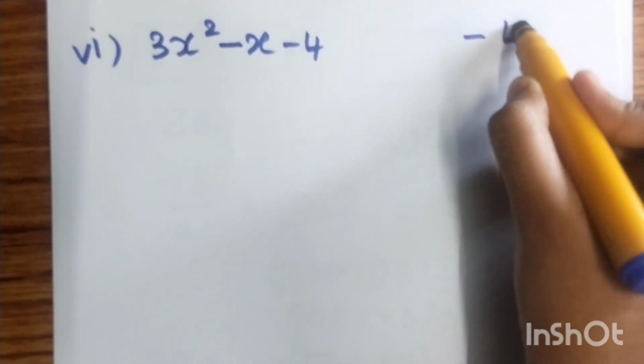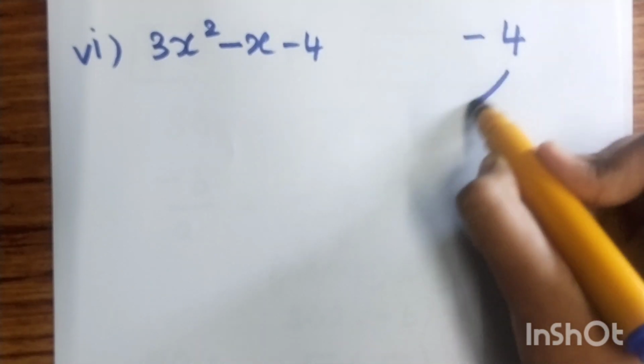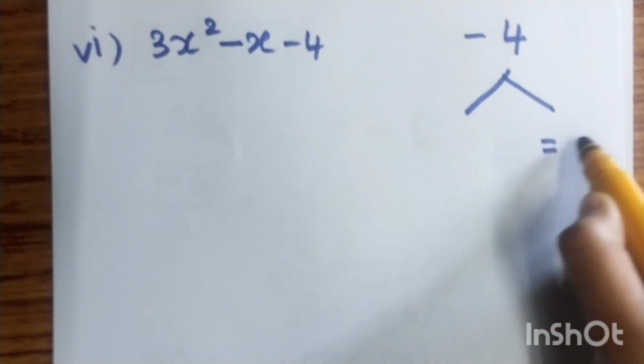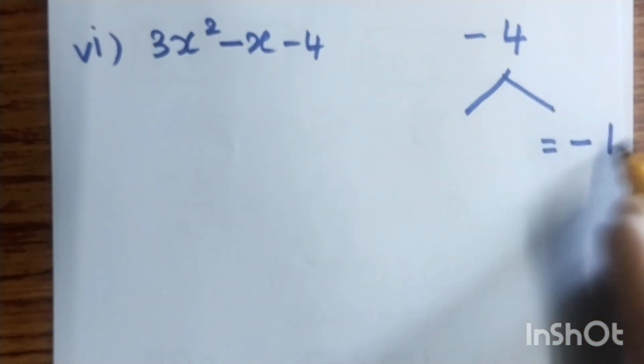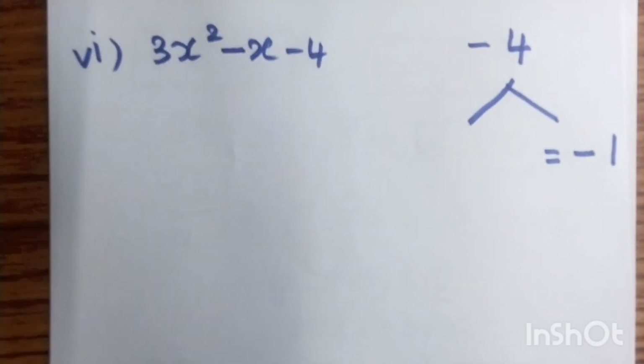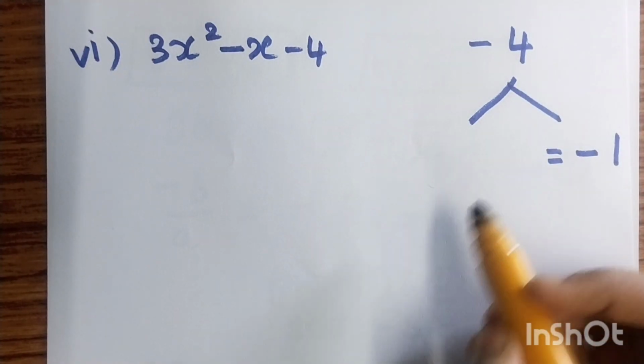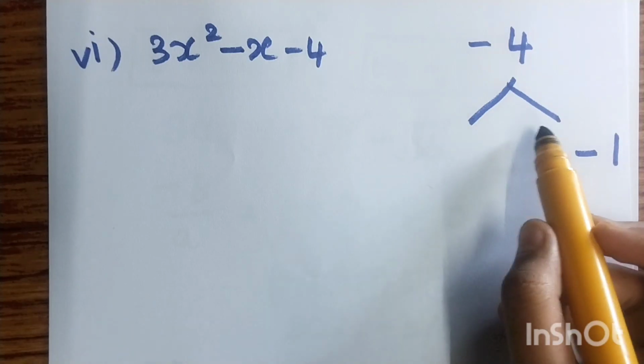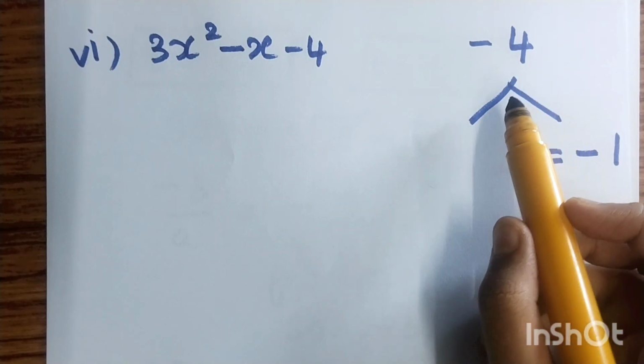So the product is minus 4 into 3, and my sum is minus 1. Clear? How can I express this?